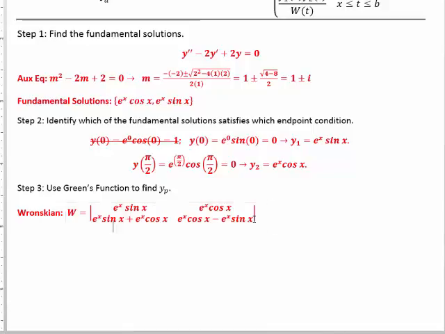This might take a little while here. So this is equal to e to the 2x, sine x cosine x, minus e to the 2x sine squared of x.